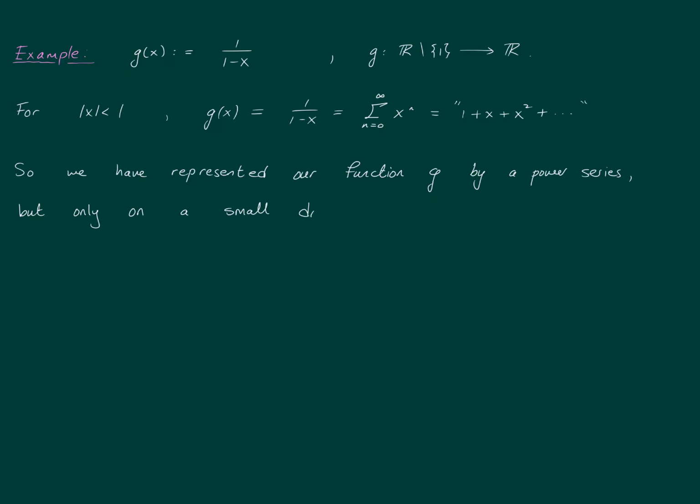Because remember, this equality, that 1 over 1 minus x equals this series, only makes sense for absolute value of x less than 1. So I have G that goes from the open interval minus 1 to 1 into R, where G of x is 1 over 1 minus x, and that is the same for these x as this series.